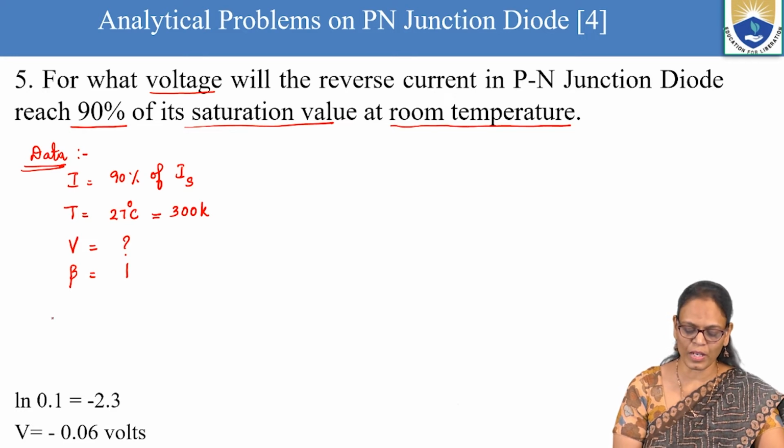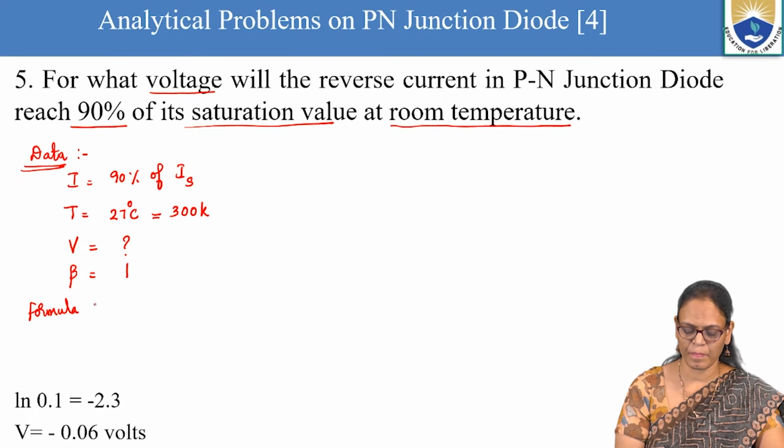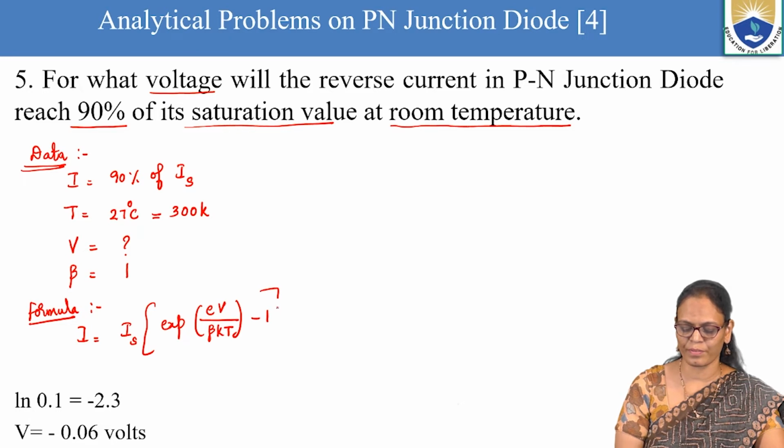So what is the formula we have for the current? I is equal to IS exponential of EV by beta KT minus 1.